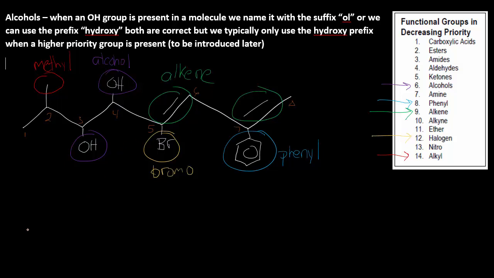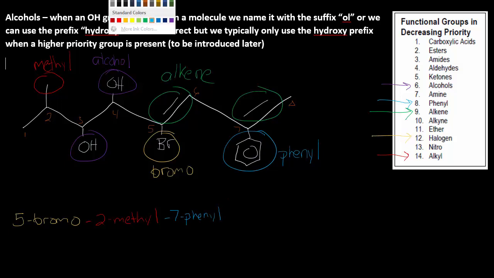Name everything that gets named with a prefix in alphabetical order. So this will be 5-bromo, 2-methyl, 7-phenyl. Now the alkene and the alcohols both get named with suffixes, so we're going to show you how to include this.